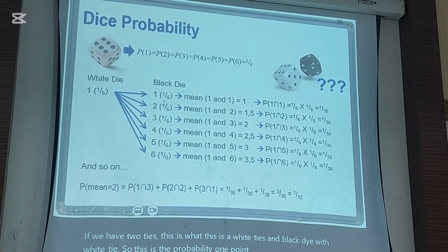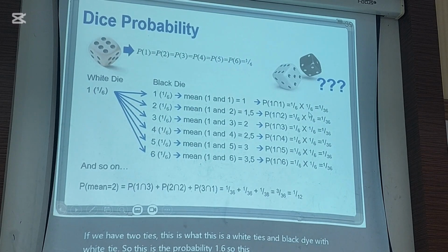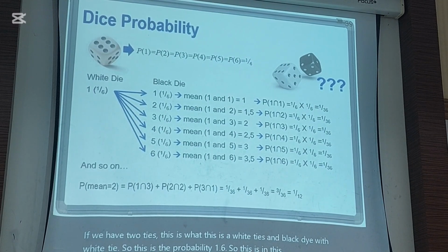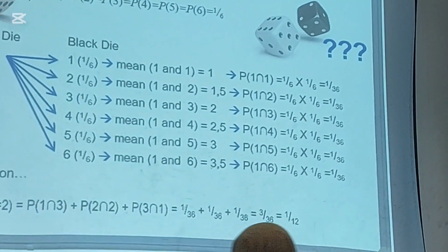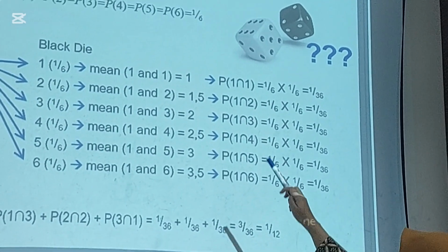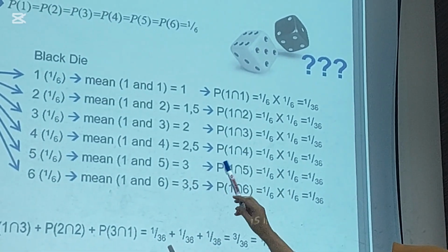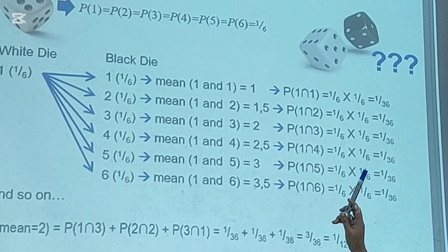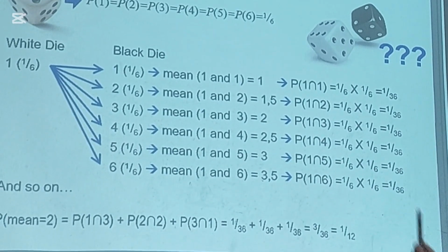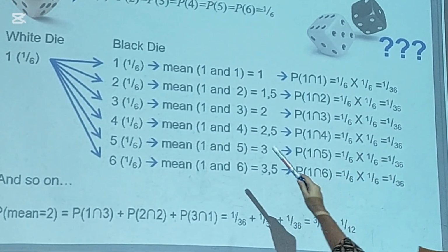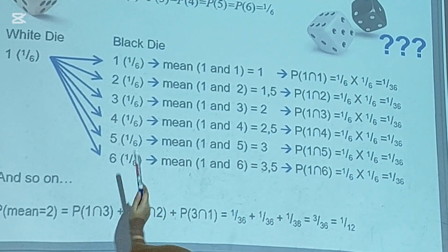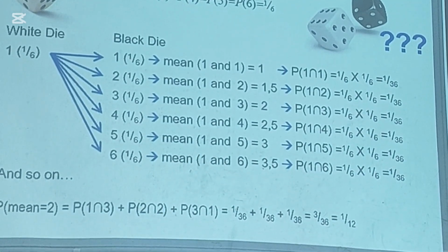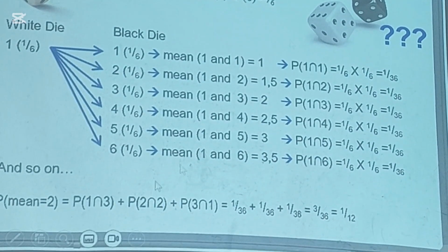In this one we calculate differently. For the black die, the probability is 1 per 6. The black die will be 1, 2, 3, 4, 5, 6. So the outcome is 6.